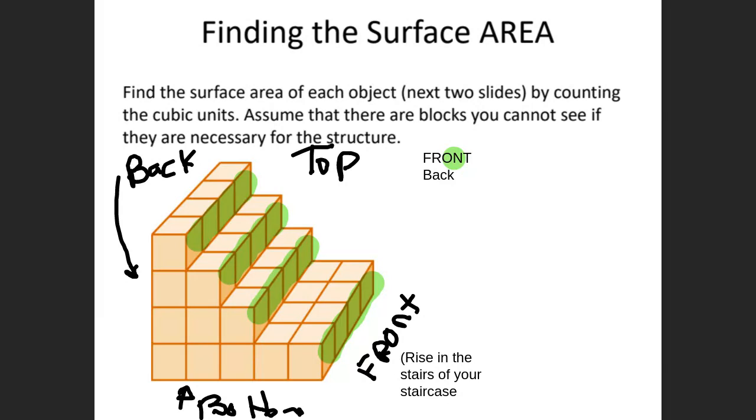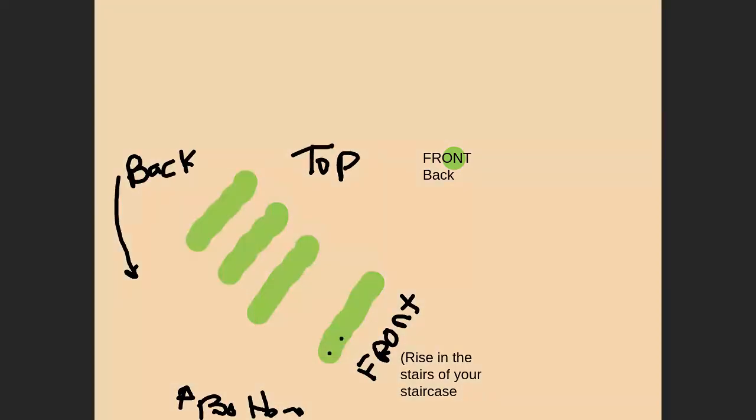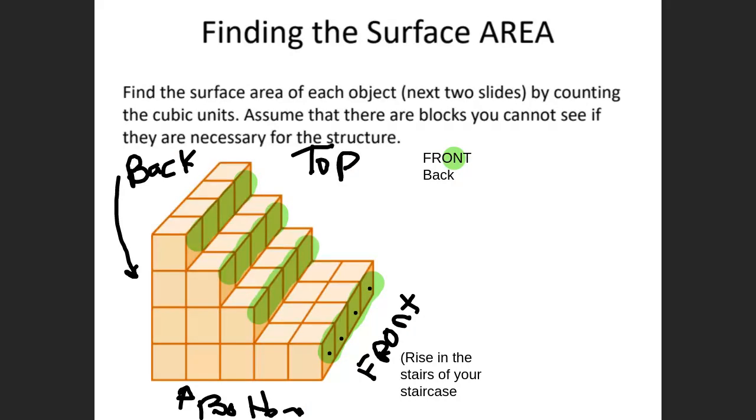I have 1, 2, 3, 4, 5, 6, 7, 8, 9, 10, 11, 12, 13, 14, 15, 16. My front shows 16 boxes, and sure enough, my back is going to have 16 boxes.